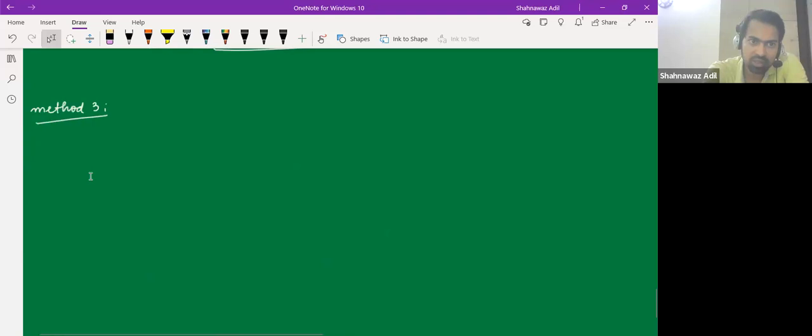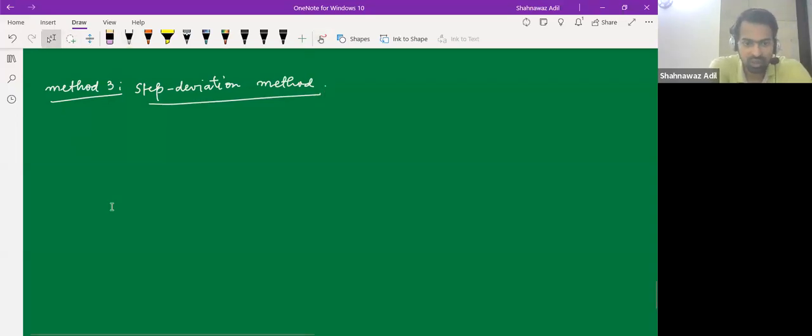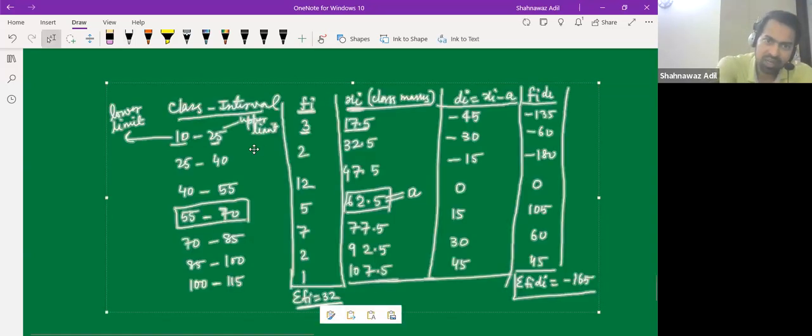So the third method is the step deviation method. And what is that? So we have this class interval.